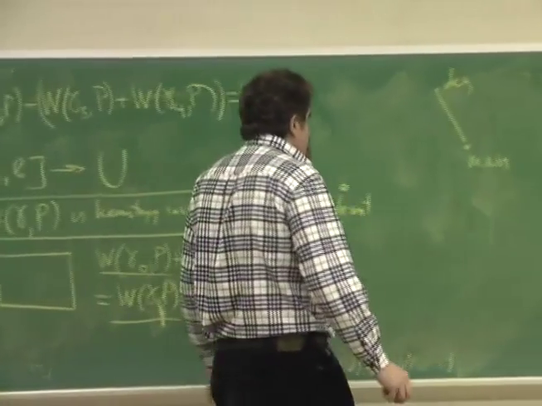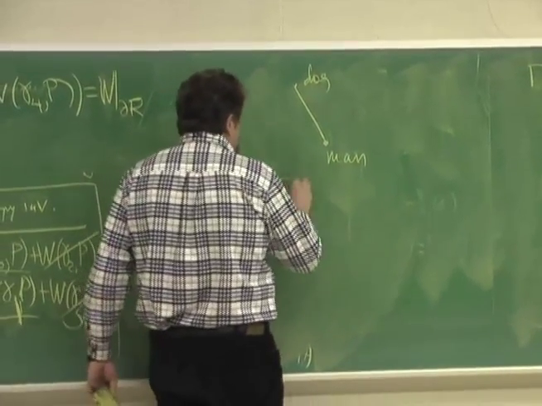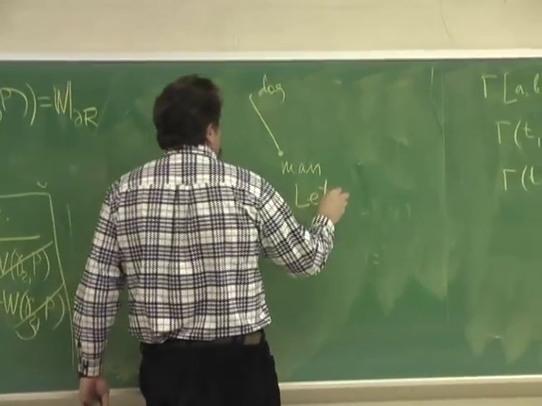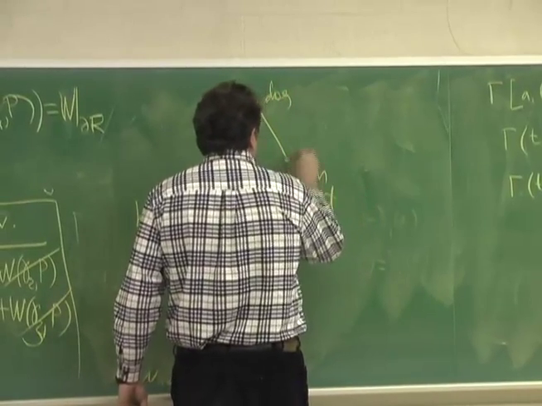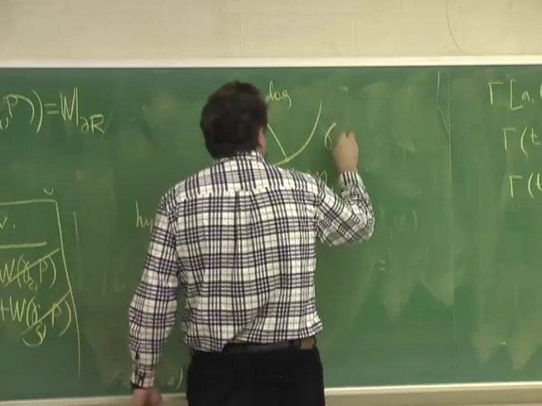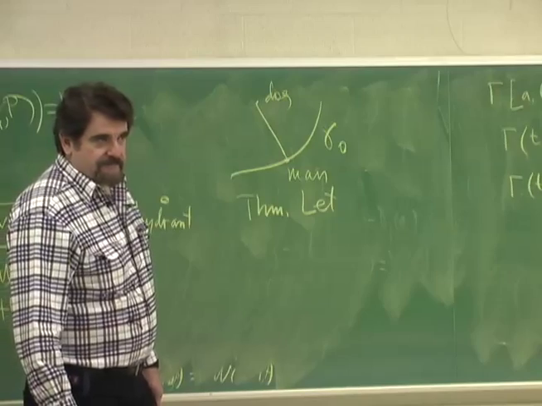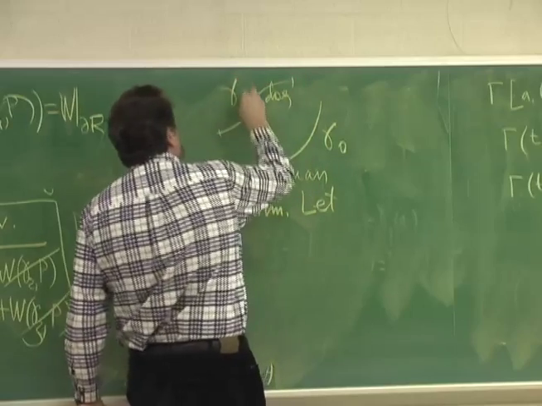Okay. And the result, the theorem, is as follows. Let the man go along the path gamma naught, and let the dog go along the path gamma 1.